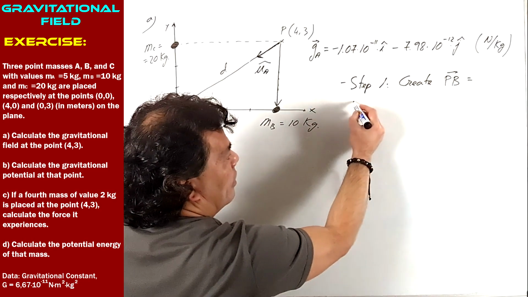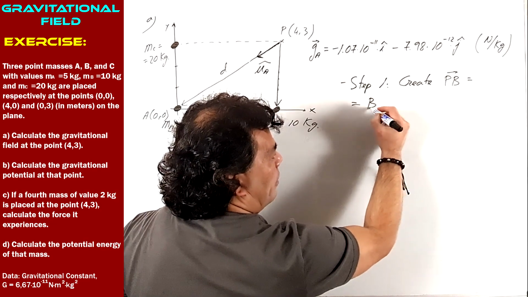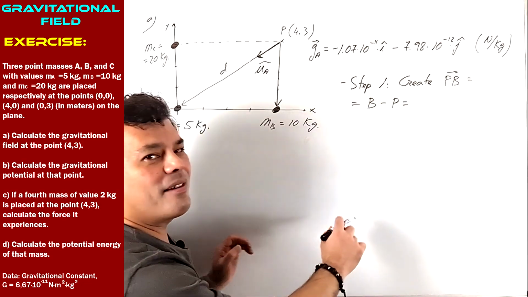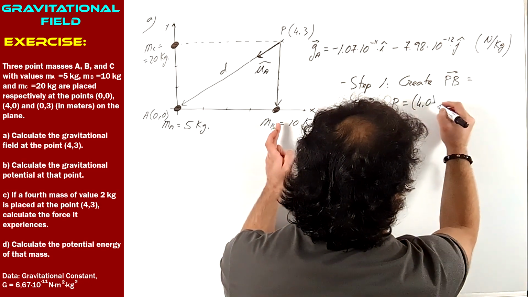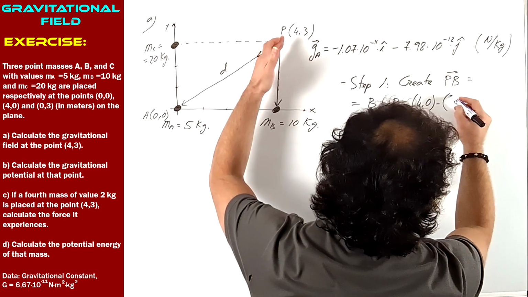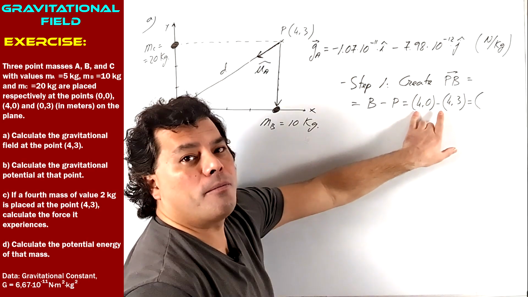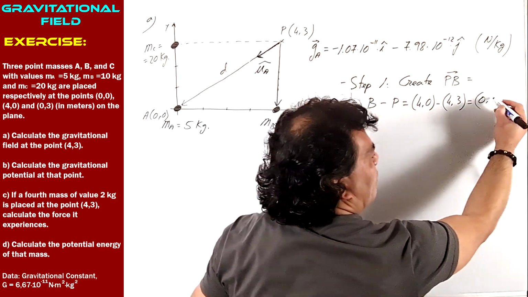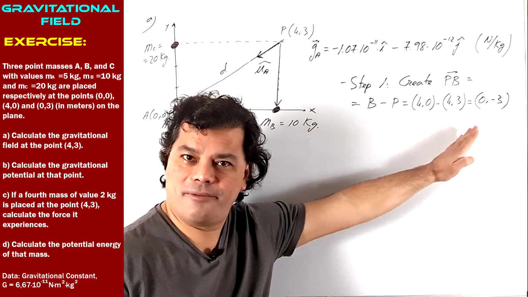And don't forget that it is very important to do the end, point B, minus the origin, point P. That is point B, 4, 0, minus point P, 4, 3. And we are obtaining 4 minus 4, 0, 0 minus 3, negative 3. Here we have our first step.